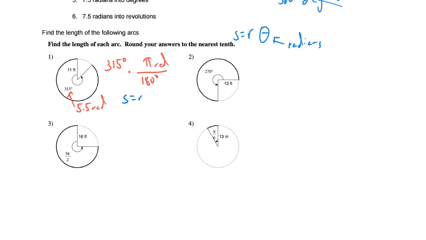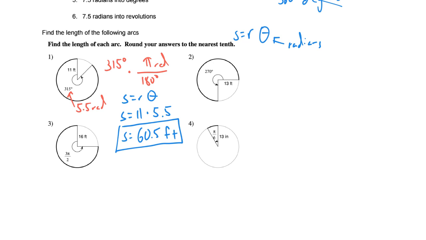So S equals r theta. S equals our radius, 11 feet, times the radians, 5.5. 5.5 times 11 is 60.5. So S equals 60.5. Our radius was in feet, so this is still in feet.